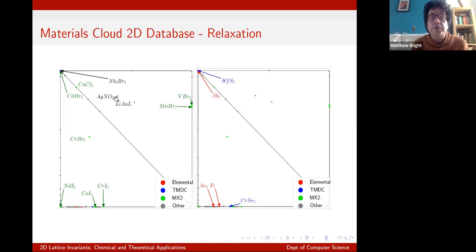None of these, AgNO2 is the only one I've seen reported as a 2D material in the literature so far, but it may be that I haven't seen it. And this again is CrBr2 here. This just illustrates some points. I've separated out some of the different kinds of lattices here.